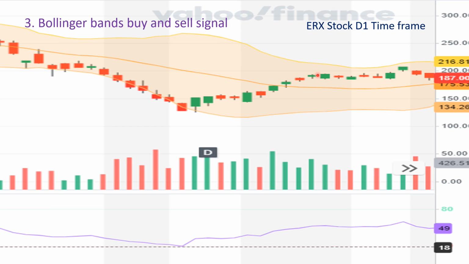In order to exit the trade, you have to wait for the next candle to drop below the close price of the first bearish candle and put your stop loss 1 or 2 ATR above the upper band. So you see, this is another golden trading strategy that you can use to enter and exit the trade.